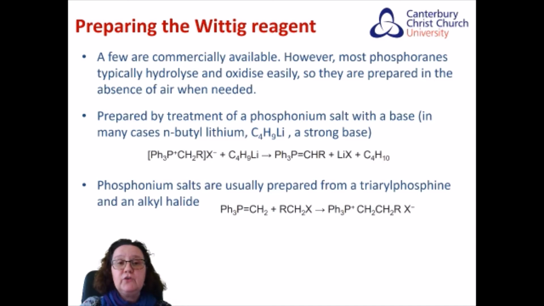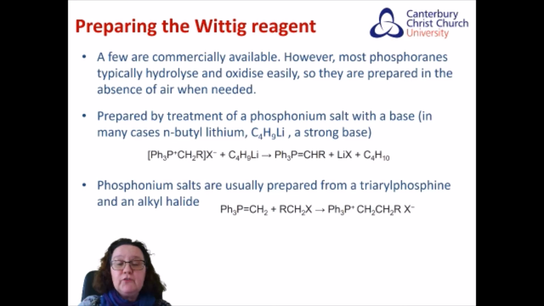in absence of air. So to prepare a Wittig reagent, you need to use a phosphonium salt, with whatever groups you are interested in putting into your compound, and treat it with a base. Sometimes you need a strong base, like for example, n-butyllithium, and depending on the reagent, sometimes a weaker base or sodium hydroxide or even something like sodium carbonate is enough.